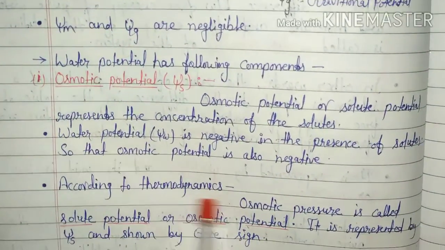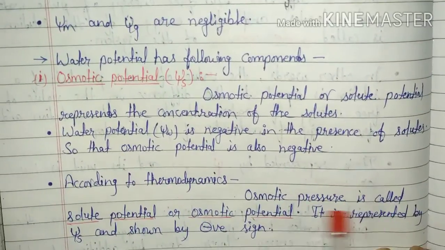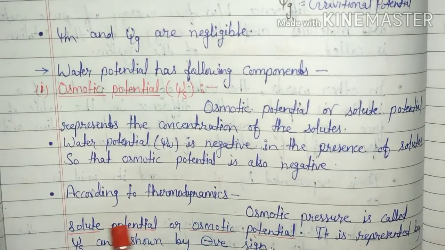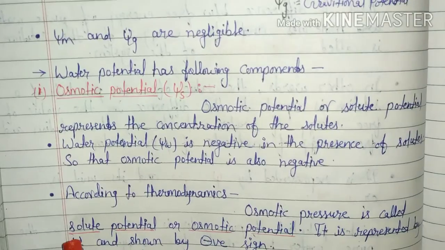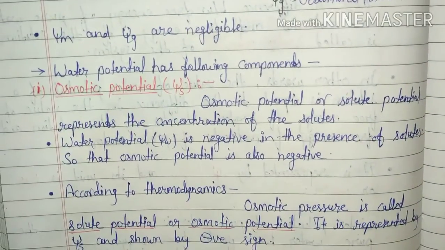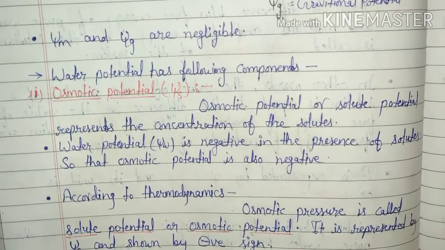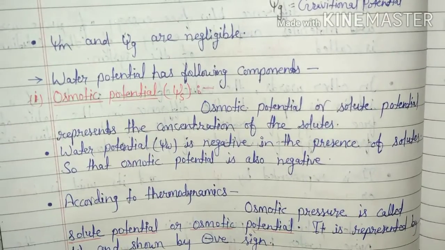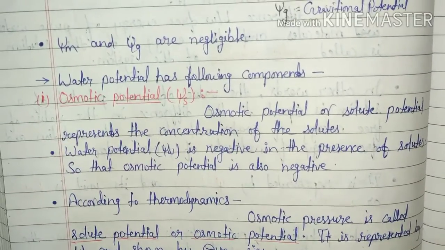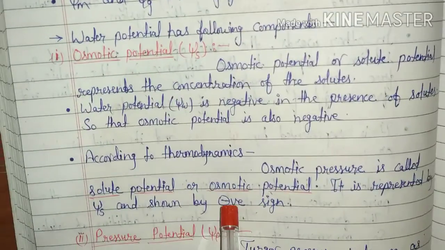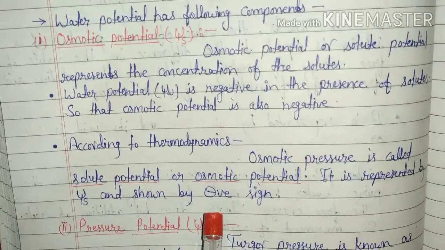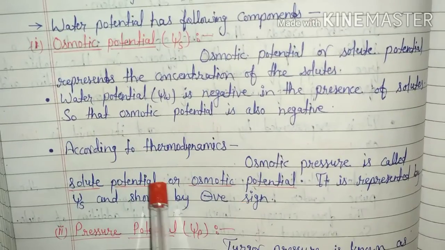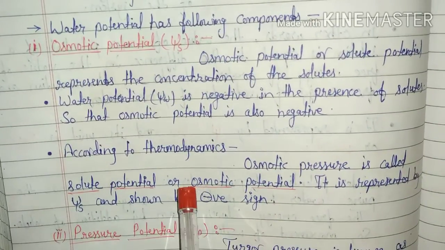According to thermodynamics, osmotic pressure is called solute potential or osmotic potential. So, it is represented by psi S and shown by a negative sign. It means psi S is the osmotic potential in thermodynamics, and in general condition it is osmotic pressure.